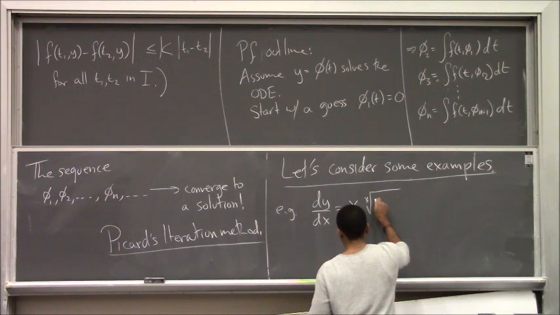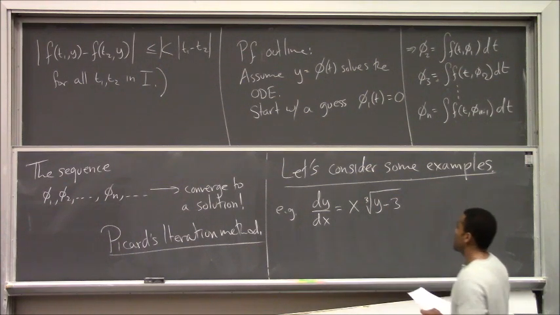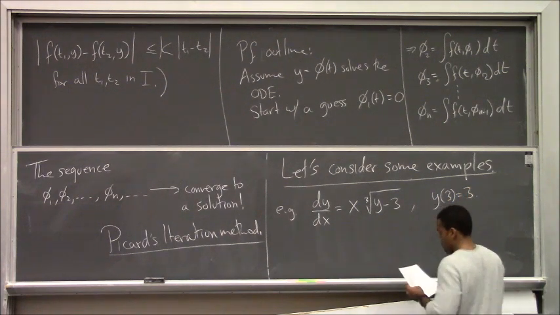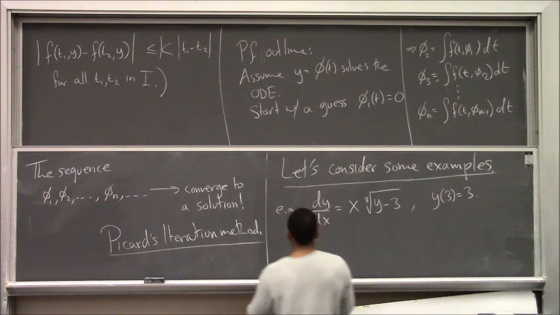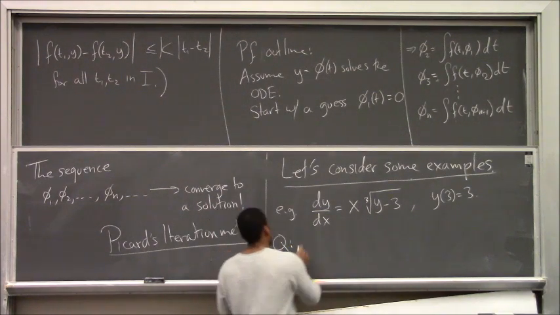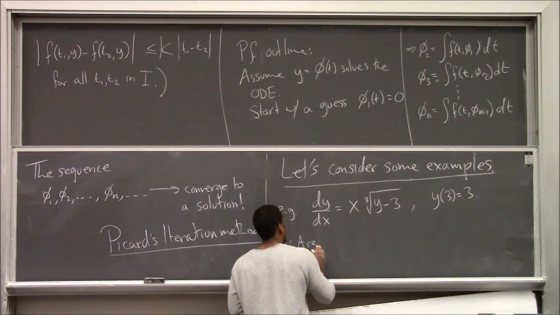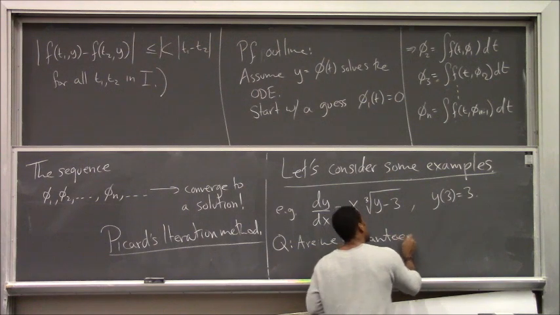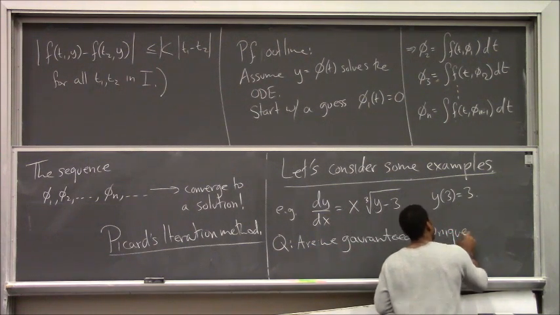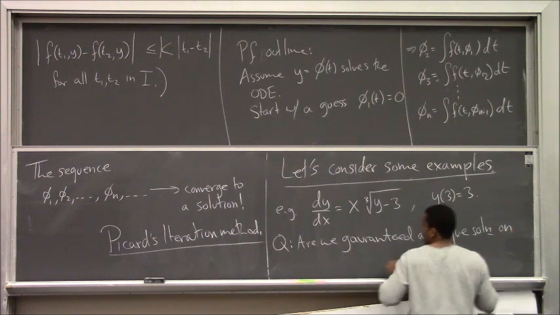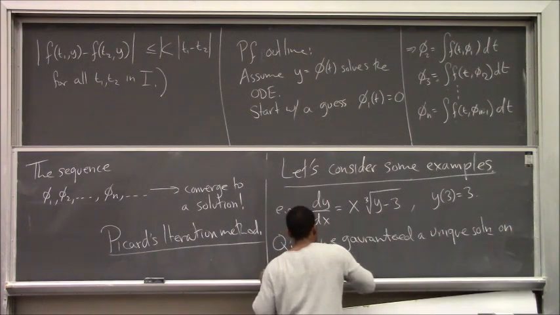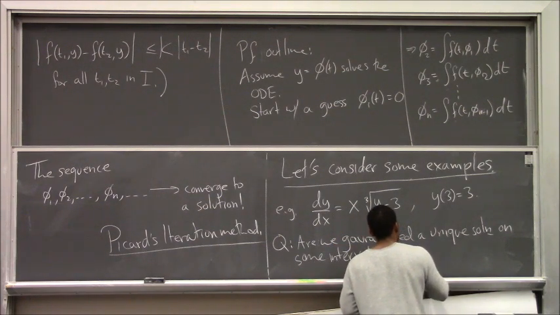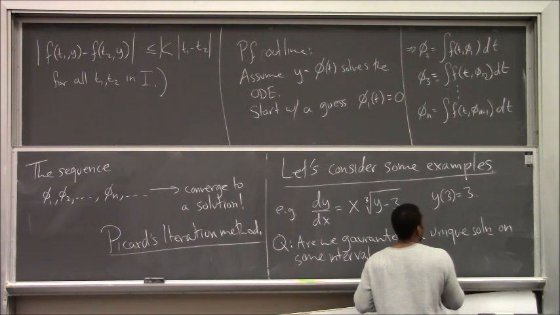Let's say we look at this ODE. We have y of 3 equals 3. Now, question. Are we guaranteed a unique solution on some interval containing 3?